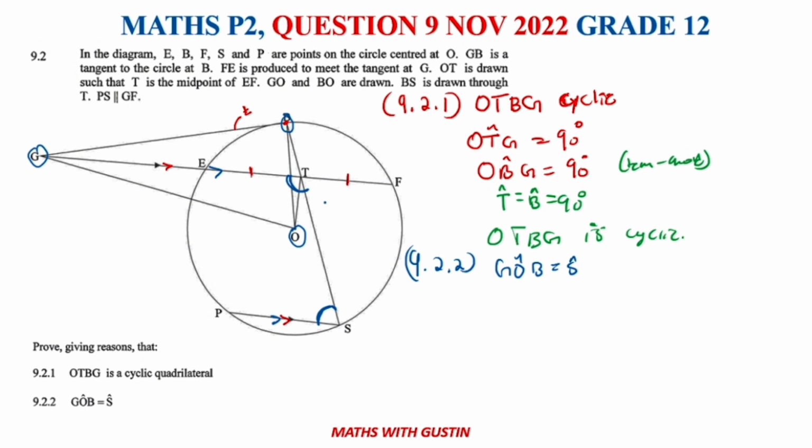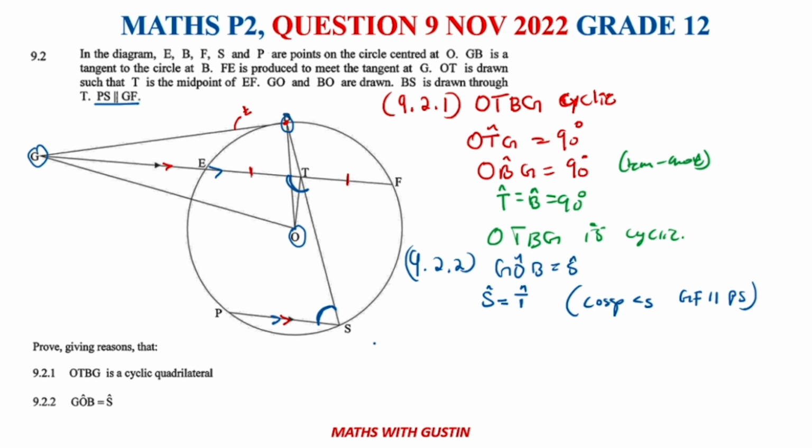We can say, okay, angle S is equals to T, as we just did now, and the reason being these are corresponding angles. Reason because GF, as stated in the question, is parallel to PS.